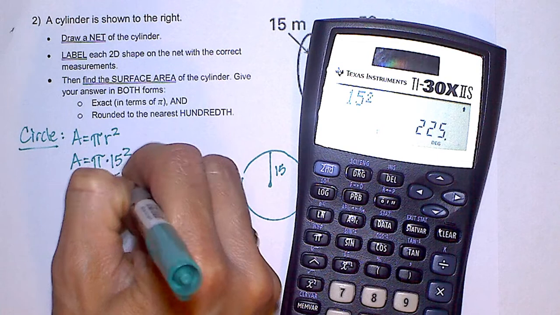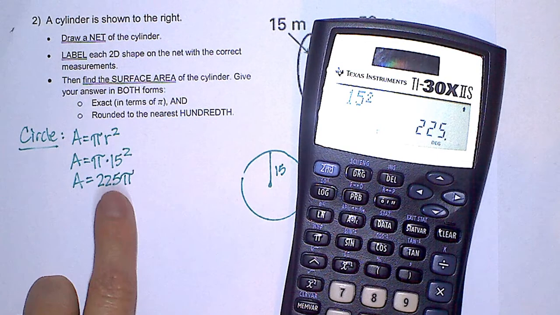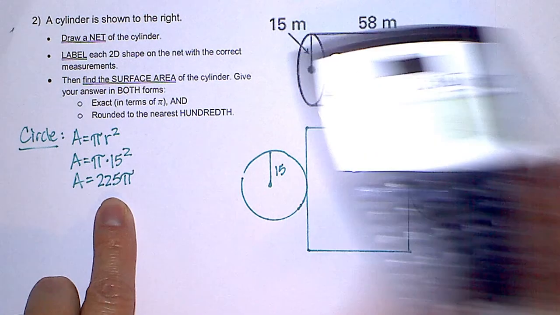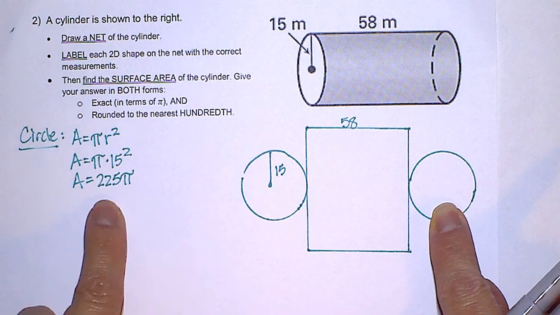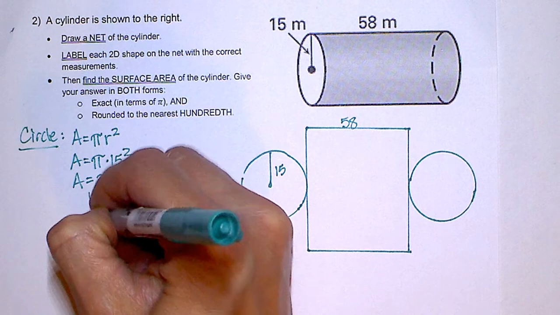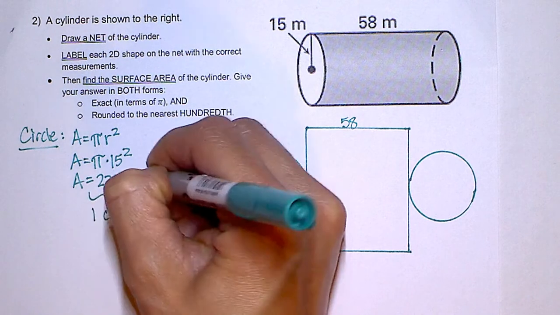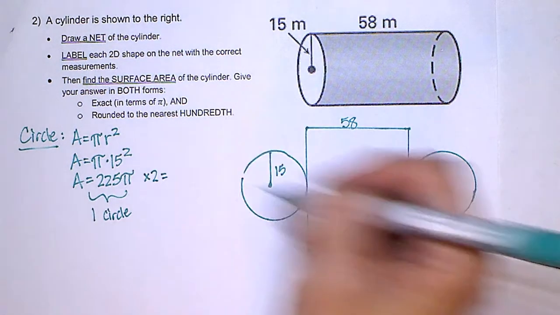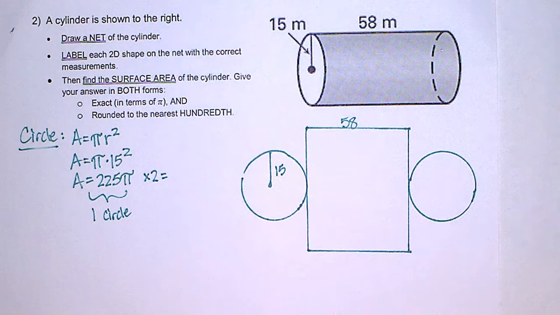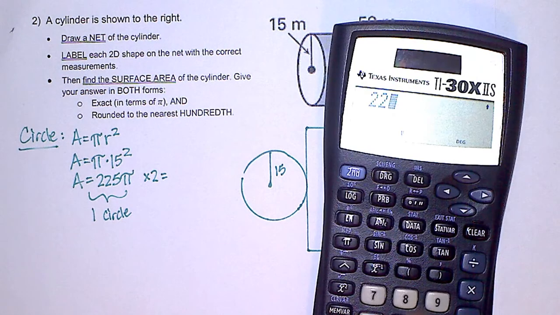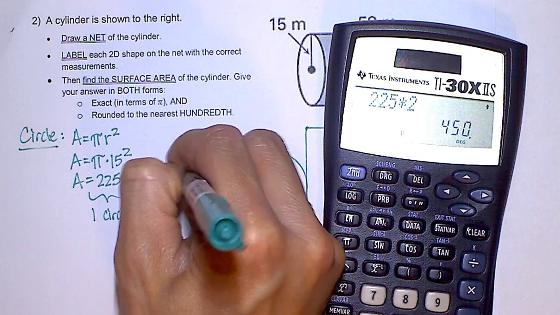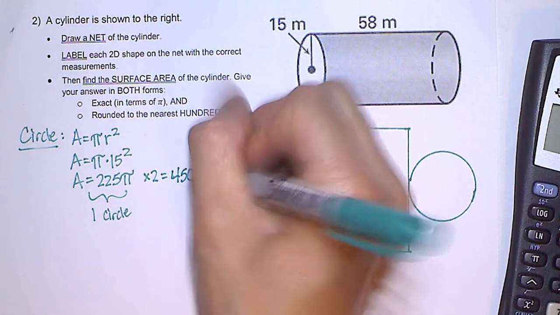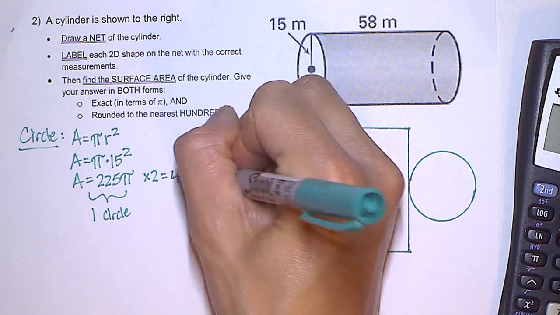Now, keep in mind, that's for only one circle. I have two, and they're the same size. So I'm going to multiply it by 2 to get two circles. So 225 times 2, both circles together, is 450 pi meters squared.